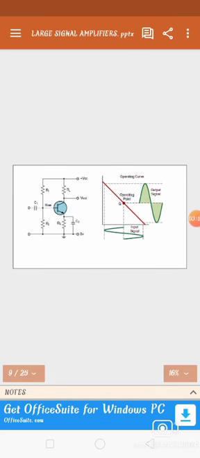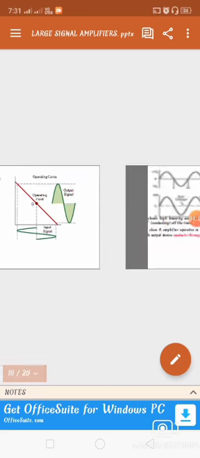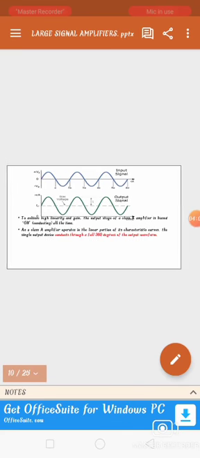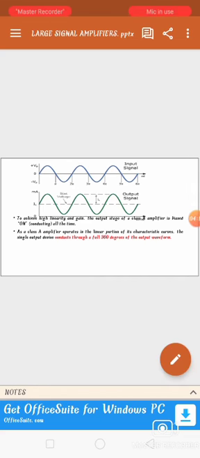This is the circuit diagram of the Class A amplifier. In Class A, the operating point should be in the active region. In the Class A amplifier, the output current conducts through the full 360 degrees of the output waveform.